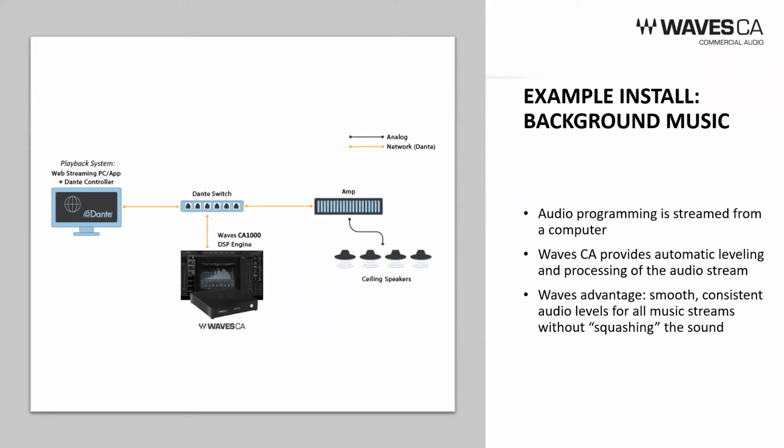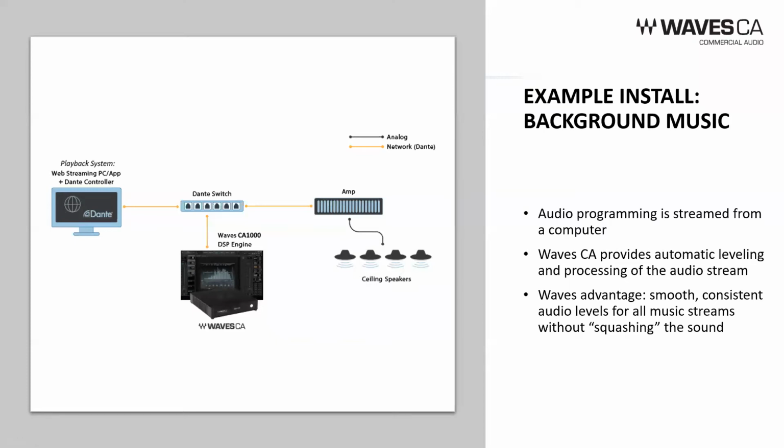By inserting the Wave CA product into the network and adding a background music playback preset, they're able to get automatic leveling of the audio, which gives them a smooth and consistent audio signal no matter what the source is coming in from that web PC.